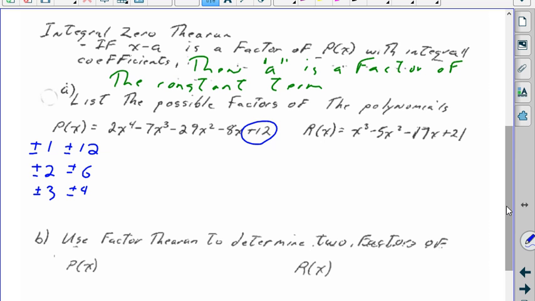Now, if I want you to list the factors: x minus 1, x plus 1, x minus 2, x plus 2, and so forth and so on.